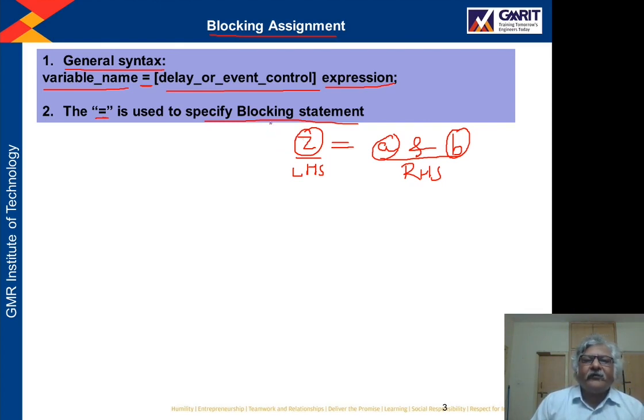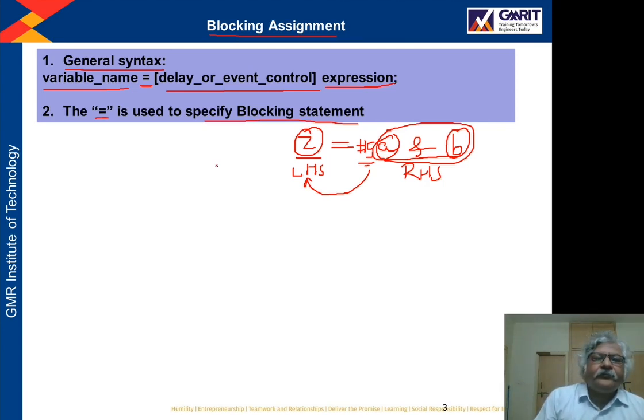Reg type is most commonly used, and here we can use the optional delay like this. Suppose we have written hash 5. So what will happen? A and B will be evaluated, and after 5 unit time, it will be assigned to Z, right?